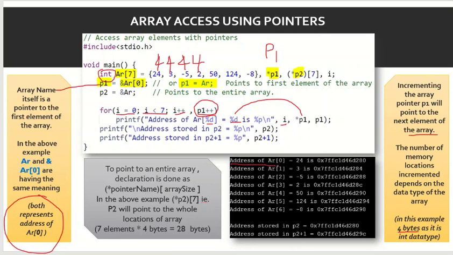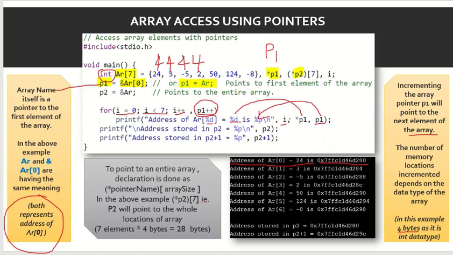Then this is the address of AR of 0, and that address is simply printed using p1. Note that p1 must be printed with the %p type to represent the pointer.